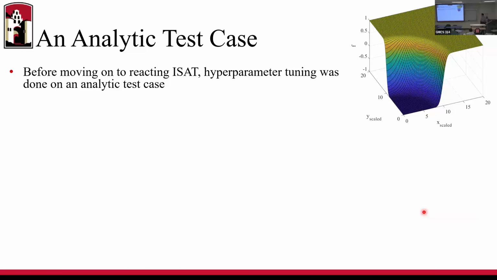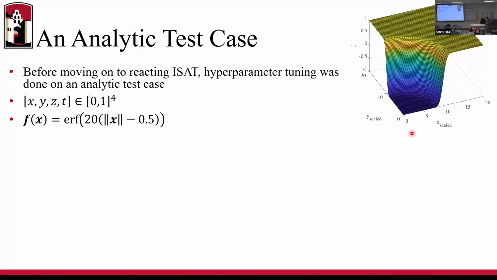Okay, so before we move on to the full ISAT case, we are going to introduce an analytic test case. And here I'm showing you a two-dimensional cross-section of that. So we're going to have a four-dimensional domain. X, Y, Z, and T are within a 0 to 1 four-dimensional cube, and the function is just going to be an error function with respect to the radius based on X, Y, Z, and T. But we're making sure that this error function has a very high gradient.